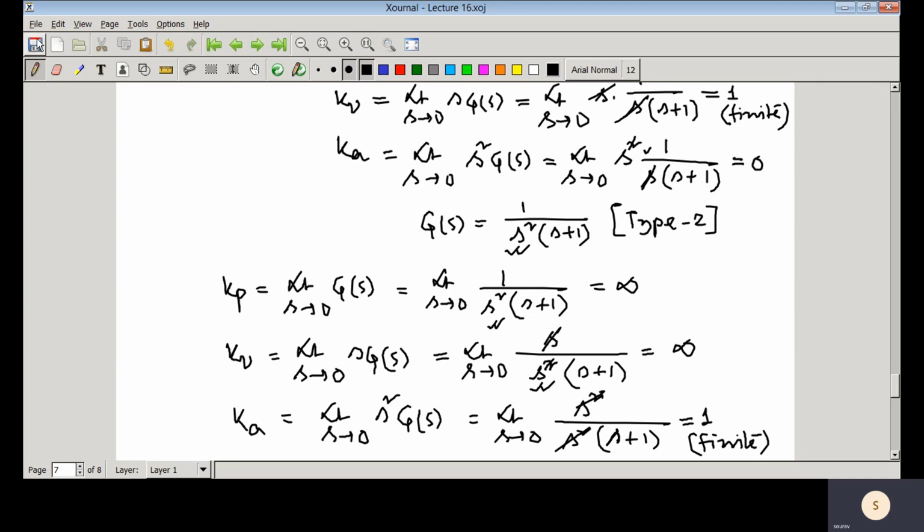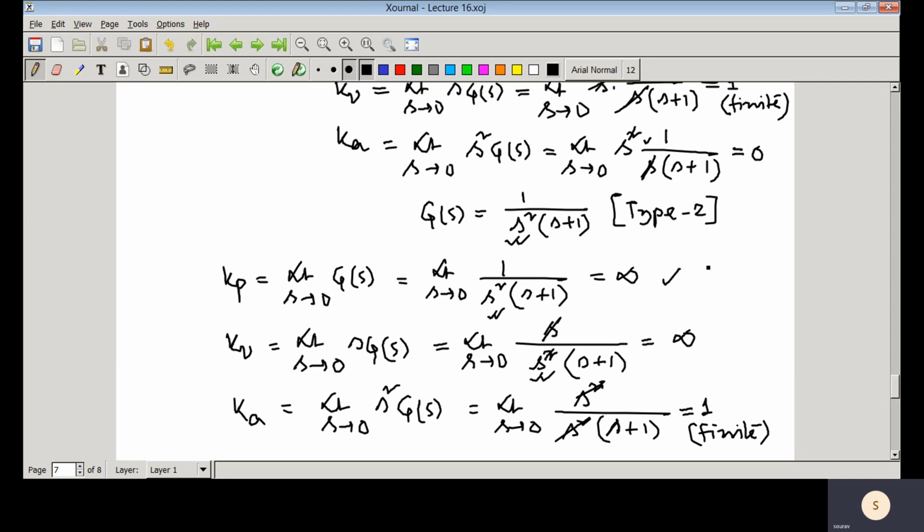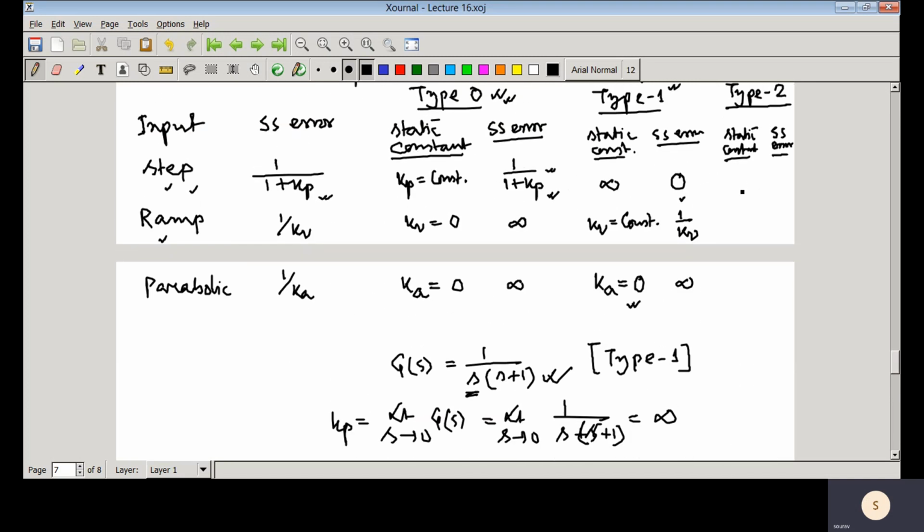So interestingly, you can see that for the static error constants, whenever you have a type 2 system, Kp is infinite, and when Kp is infinite, you can see that steady state error is 0, and Kv is infinite.